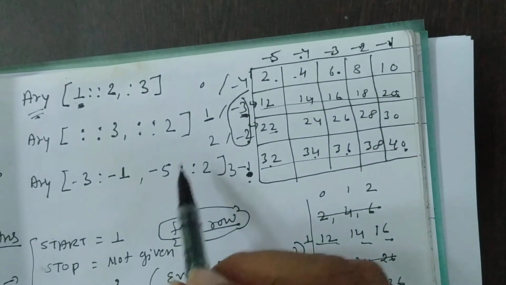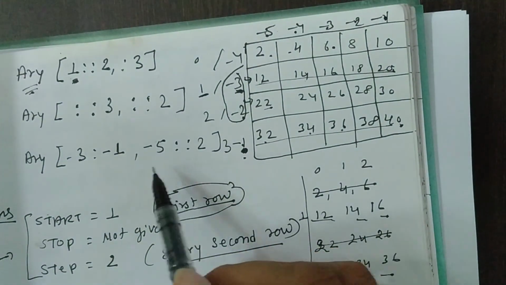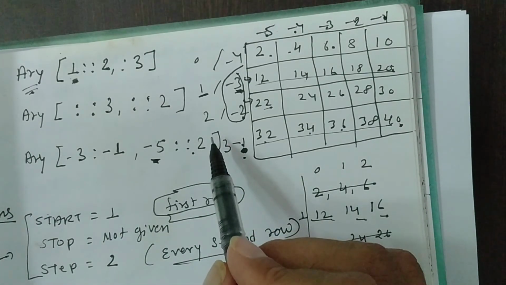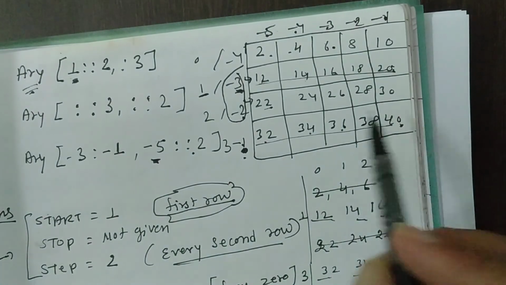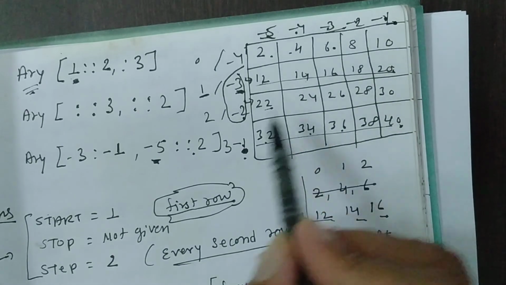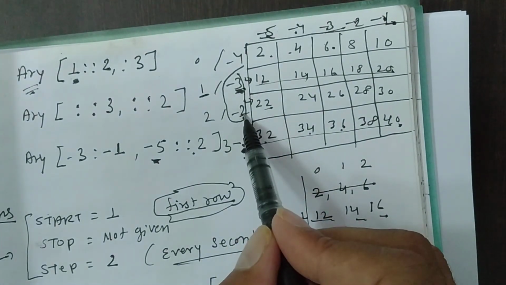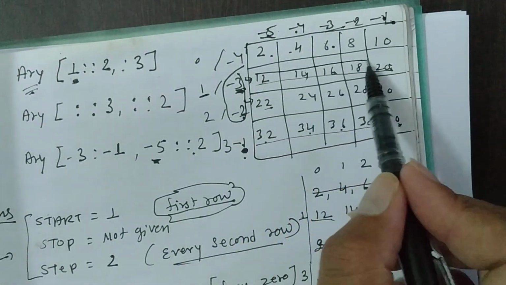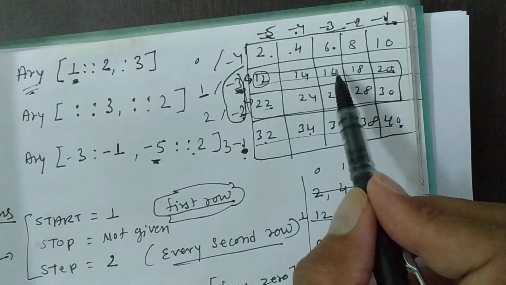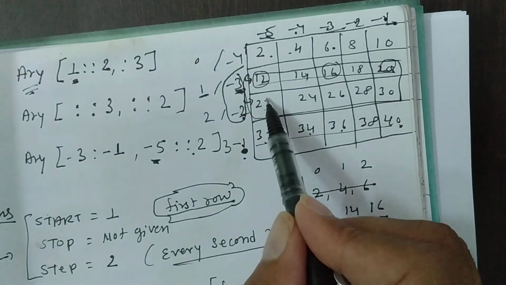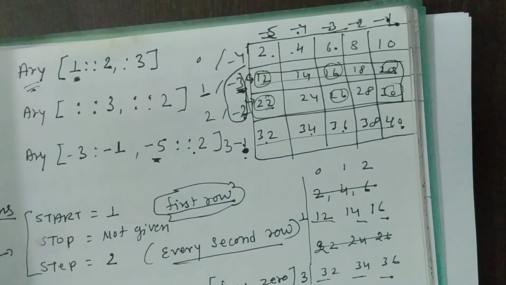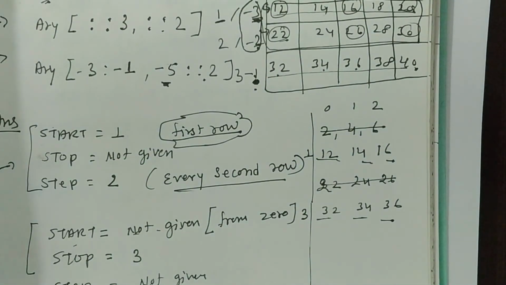Starting is -5, ending is not given, but jump of every second. So leave one and take one, represent 5, then 3, and then 1. For row number 3 and row number 2, its answer will be in these 2 rows. This one, then this one, and this one, then this one, then this one, and then this one, leaving one each. So this is called array slice.